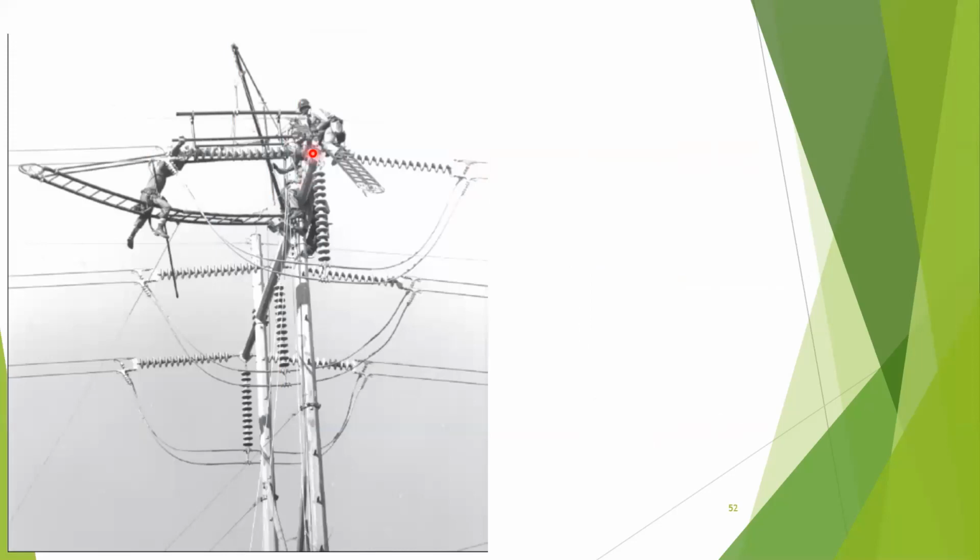This man is doing some bare hand operations. I'll tell you what a bare hand operation is. He is at the dangerous end, that is at 400 kV, doing some operations at that live end. I'll tell you how to do that.